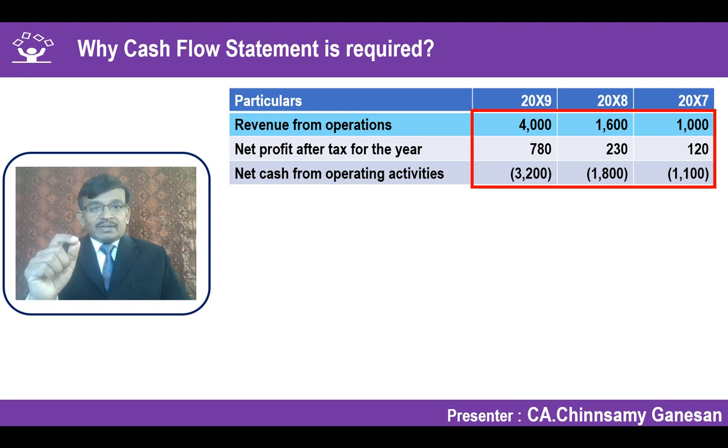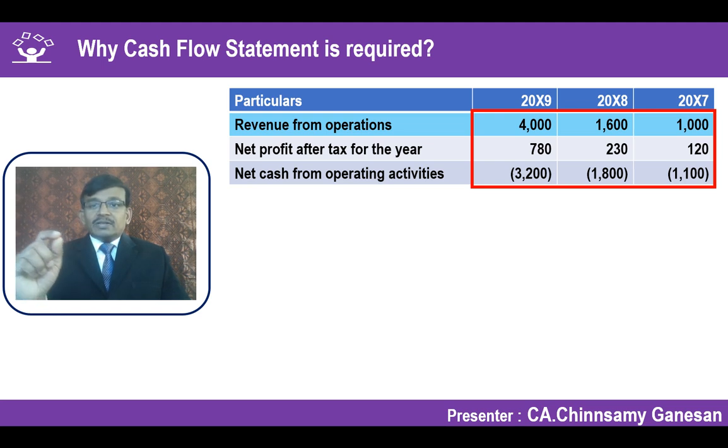That shows that the company's revenue from operations is consistently increasing year on year. Net profit is also increasing year on year. Let us take the cash flow statement, in which we see the net cash realized from the operating activities during the ordinary course of the company's business.